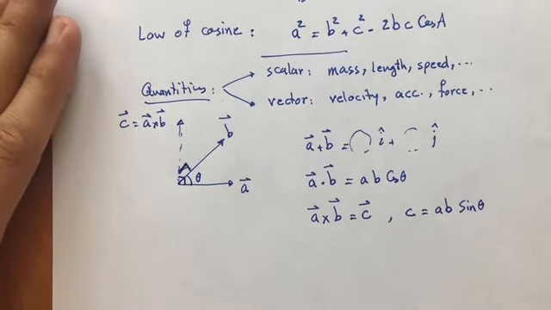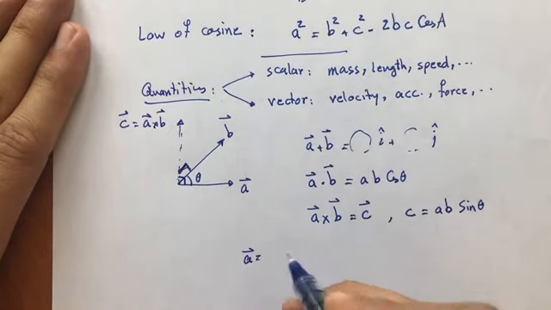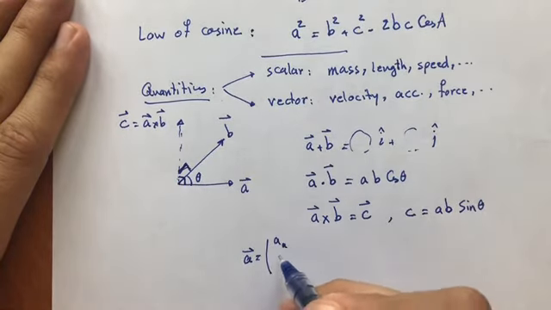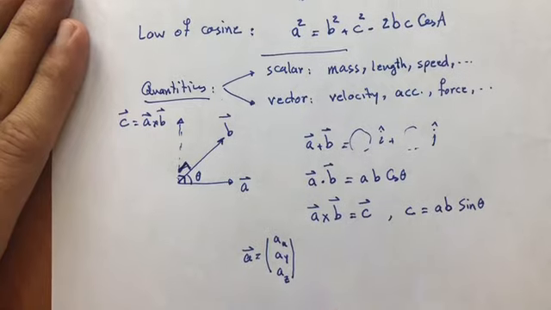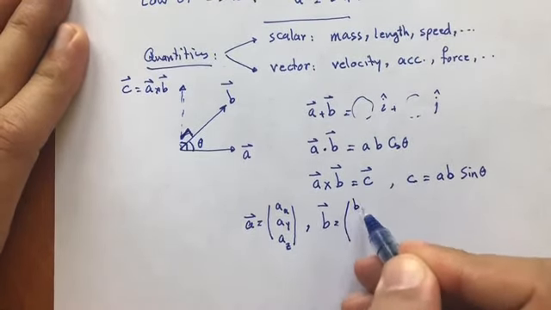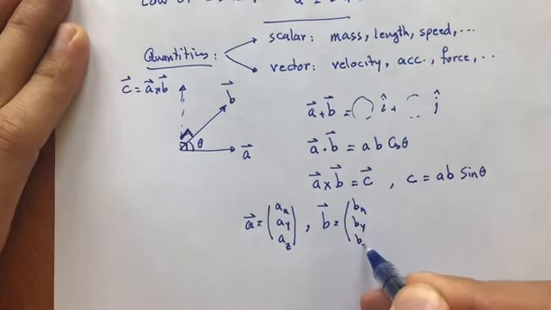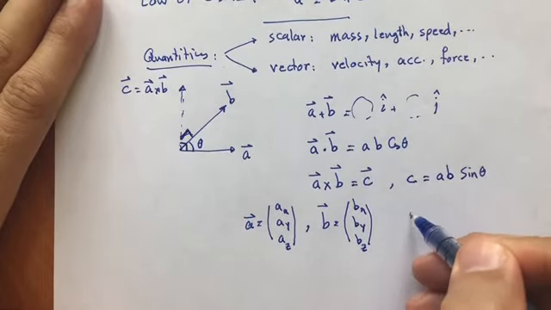And there is another way to find this vector. If I show A with its components, AX, AY, AZ, this means the component of A in the X direction, the component of A in the Y direction, and also the Z direction. And if I do the same thing for B, BX, BY, BZ, then this is another way to calculate the cross product.